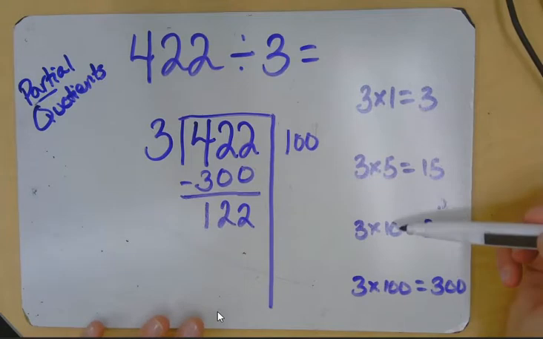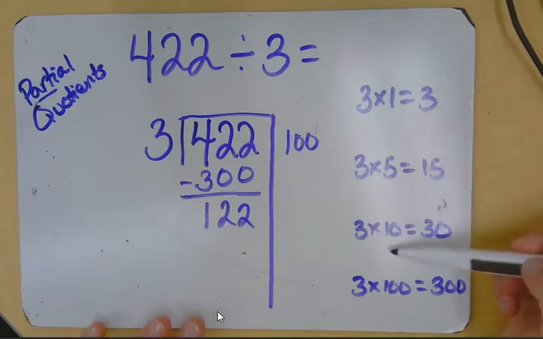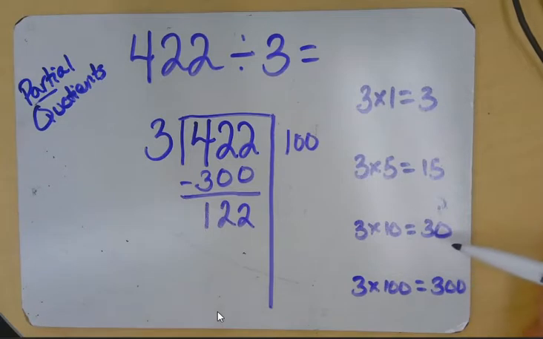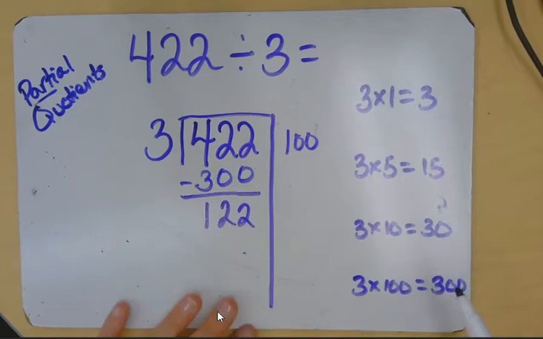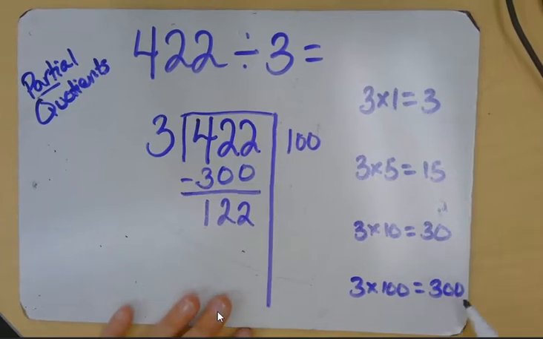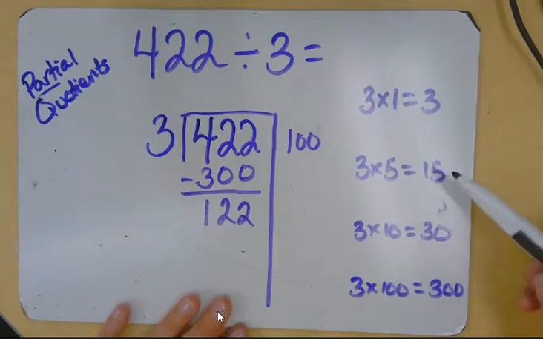Notice that I also put spaces here in between each of these numbers because if I wanted to add a fact in there to use, I have space to do that now. For example, I know that 300's too big. 30's kind of small, but I'm thinking, what would happen if I doubled 30?